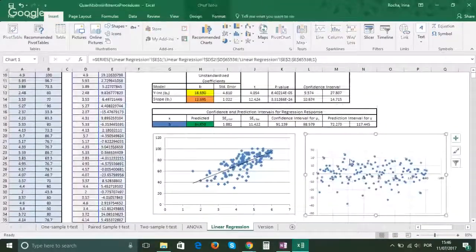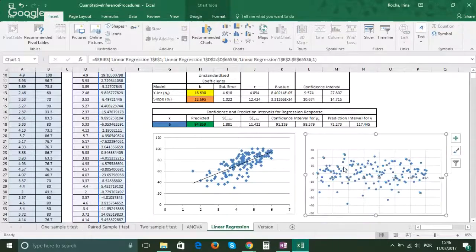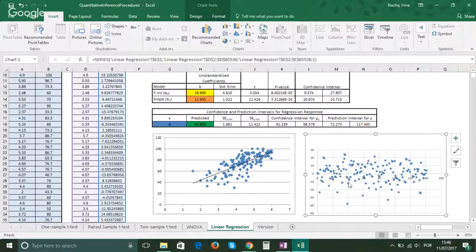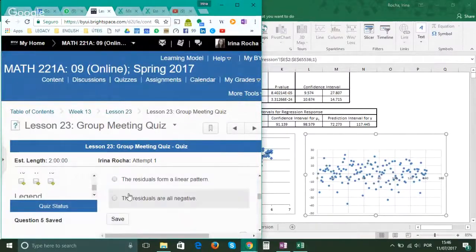Here you have the pattern that I have, not linear at all. According to the textbook, I got column D and E. And you see we don't have anything linear, right? And they're not all negative. So do you agree A is right? Yeah.